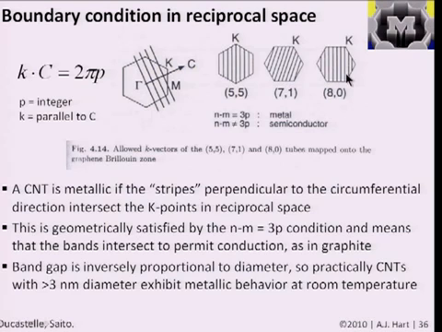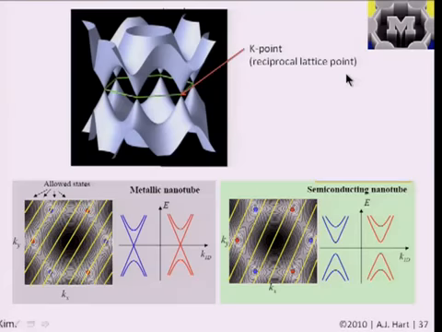So pretty much all multi-wall nanotubes, which have sizes bigger than 3 nanometers or so, behave in a metallic fashion at room temperature, whereas single-wall nanotubes that are typically smaller than that behave in a metallic or semiconducting fashion based on the development of their band structure.